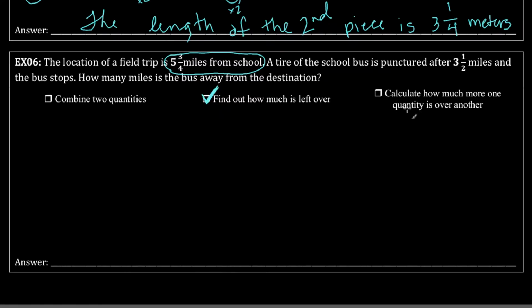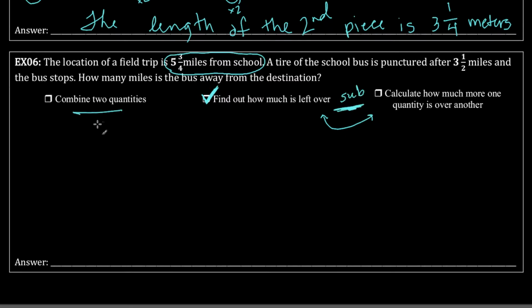Don't be afraid to use this one if this one makes sense. Sometimes it's like, how much more coffee do you have? How much more, and now I'm thinking about just all liquids and food at this point. How many more buttons you have than somebody else? That's also another reason you would subtract. So these two right here, just so you know, are subtraction. So I'll just put subtraction here.